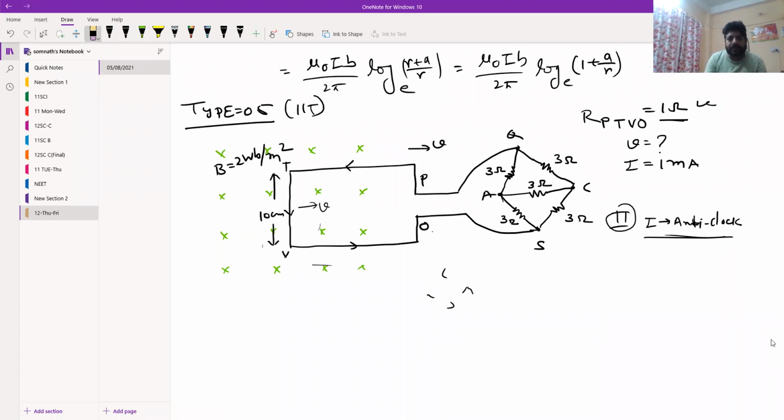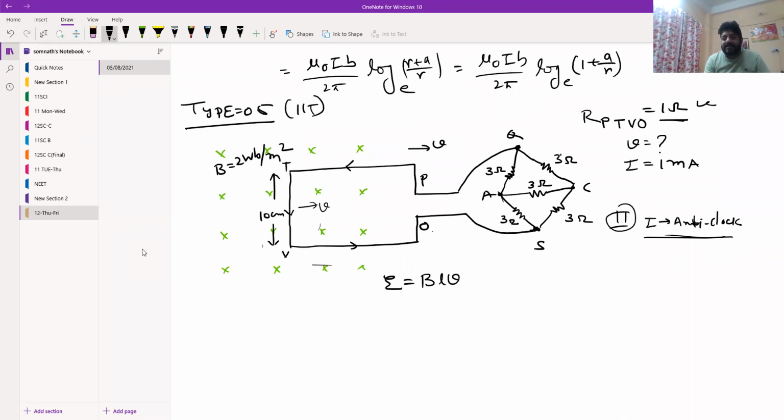Now I want to find the velocity. For that, first of all, I have to find the EMF, which is BLV, we all know. Now clearly see, in one diagonal you have a resistance, and in the other diagonal you have a resistance.